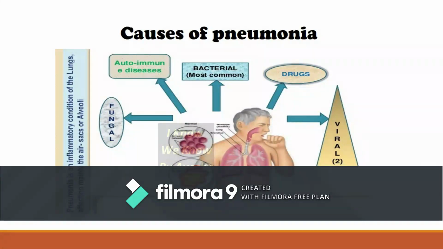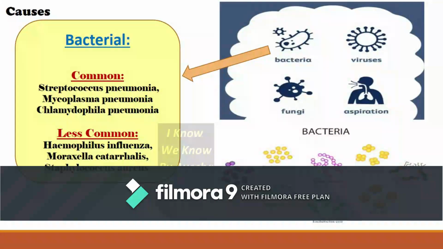There are many causes of pneumonia. Pneumonia can be caused by fungal infection, bacteria, viruses, overdose of drugs, and autoimmune diseases. We will see each cause in detail. The bacteria which most commonly cause pneumonia are Streptococcus pneumoniae and Mycoplasma pneumoniae, whereas less common bacteria include Haemophilus influenzae and Moraxella catarrhalis.